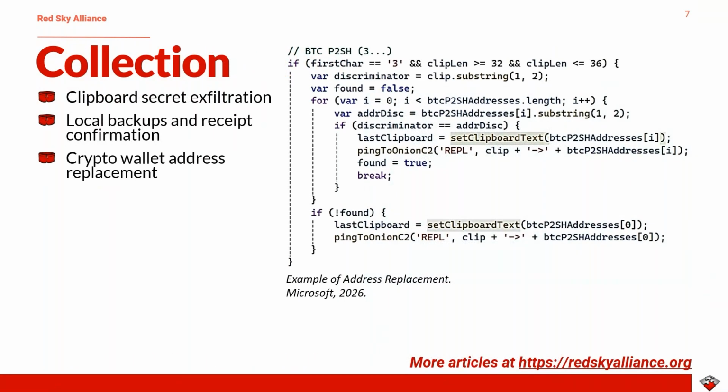The clipper focuses on high-value financial assets. It detects all 12 or 24-word BIP39 phrases in the clipboard data. It will save these seeds to a local file as a backup and send them to the C2 domain via Tor. It retries until the receipt is acknowledged, then deletes the local backup.